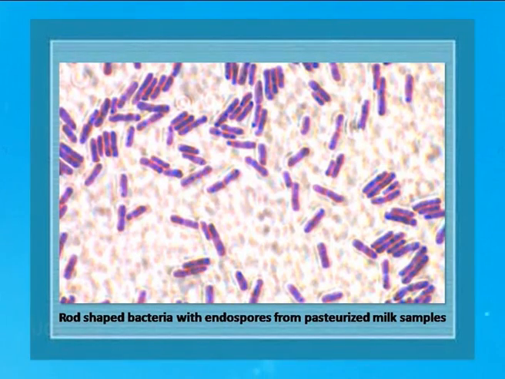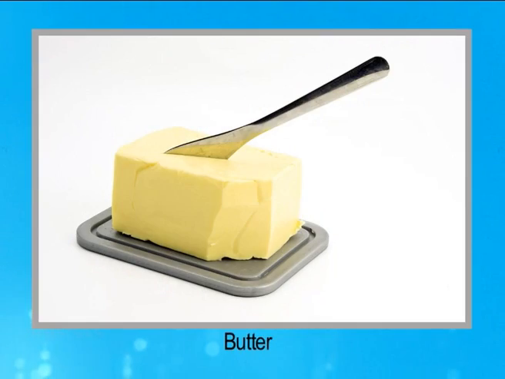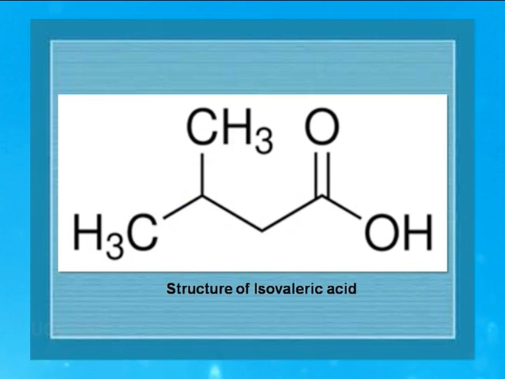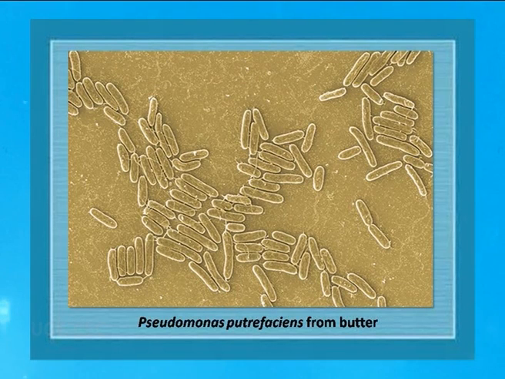But pasteurization does not prevent the endospores, and these endospores may remain in the pasteurized milk sample, causing destruction of the milk. One important byproduct of milk is butter, and butter is spoiled by an organic acid produced by Pseudomonas, which is called isovaleric acid. This isovaleric acid is produced by Pseudomonas petrifaciens, which is also isolated from butter, and it causes degradation of fat.